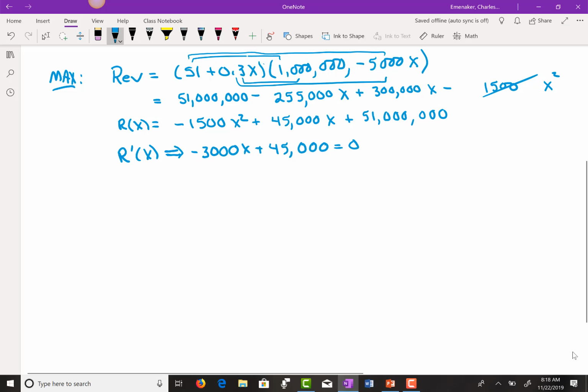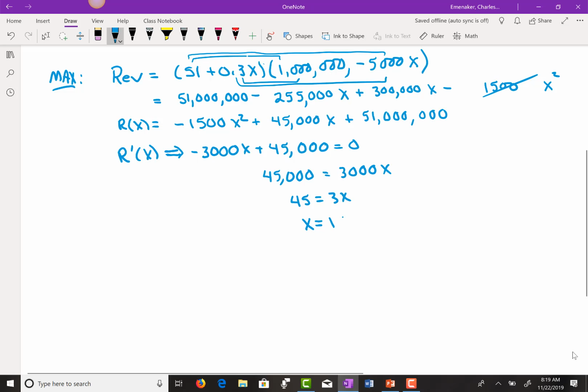Setting it equal to 0 is going to give us 45,000 equals 3,000x. Each side has 3 zeros, doesn't it? We could divide both sides by 1,000. Okay. And if we divide by 1,000, that'll give us 45 equals 3x. And that'll give us x equals what?